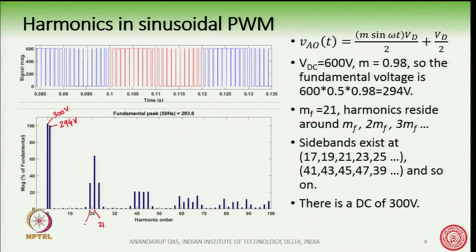So, this is the 19th harmonic and this is the 17th harmonic, like that. This is the place where the first band of harmonics exists, and then there are also harmonics and their side bands around 2mf, around 3mf, around 4mf and like that.